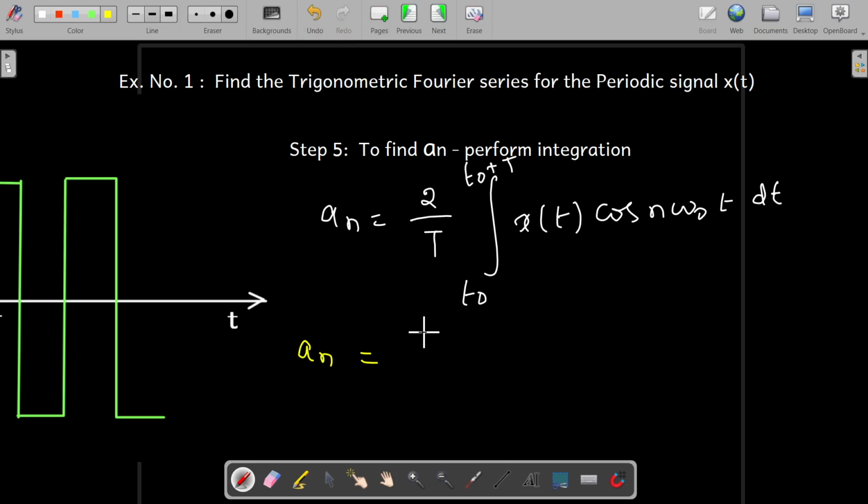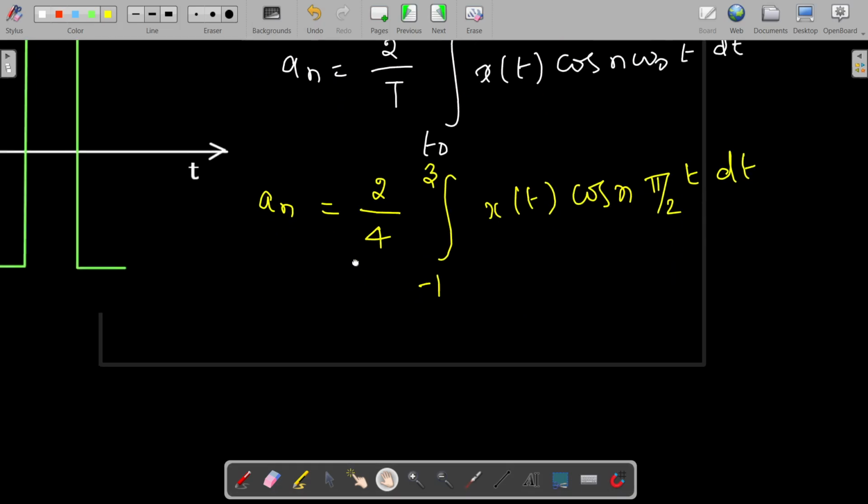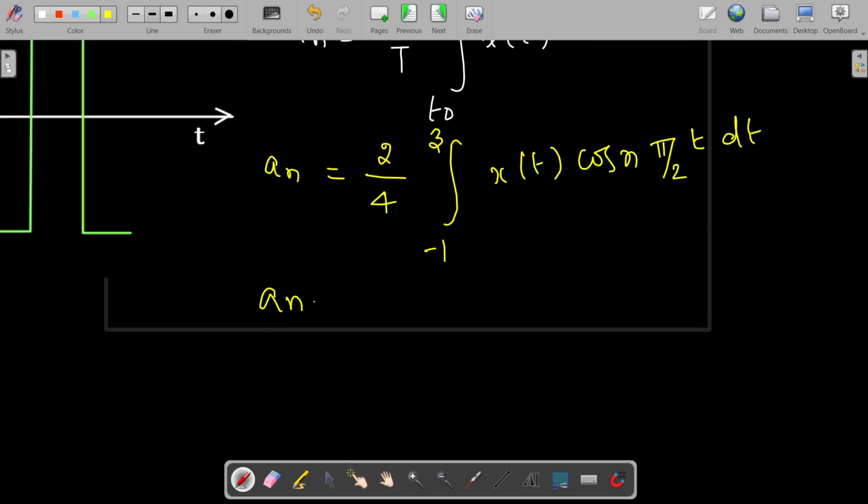So An is equal to 2 by 4 integral over the time period -1 to 3 x of t into cos n, instead of omega naught, you can put it as pi by 2. Already we have found it, right? So this thing we can do. So this An is equal to 1 by 2. Then this integration can be separated into two integrals.